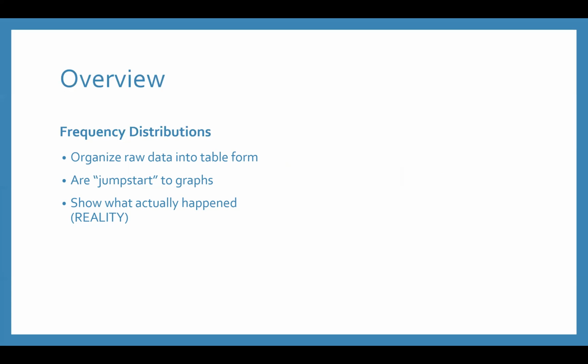And a frequency distribution actually shows us what happened. For example, if we were looking at flipping a coin, a frequency distribution would tell us how many times we flipped a head and how many times we flipped a tail. Okay, so a frequency distribution shows us the reality of what really happened.